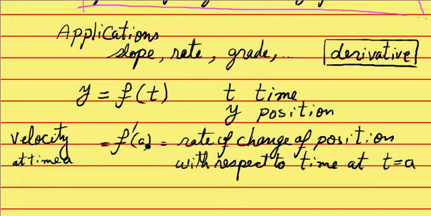That's going to be rate of change of mass with respect to position. We are going to talk about marginal cost as an application in business. We're going to have marginal cost, marginal profit, marginal revenue. These are all rate of change of that quantity, for example rate of change of cost with respect to number of items produced, and so on.